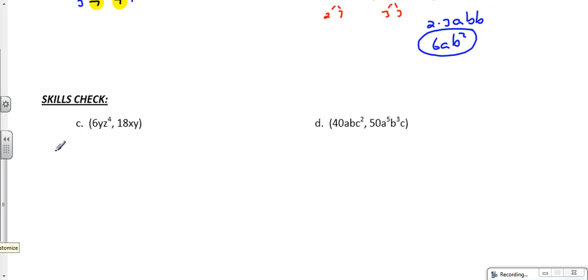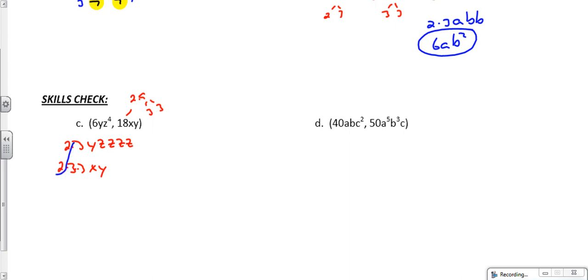Next one, let's write that out the same way. We'll go 6 is 2 times 3, and then Y, and then 4 Z's. Then 18 would be 2 times 9, we found this out to be already 2 times 3 times 3, then an X and a Y. So what do they have in common?